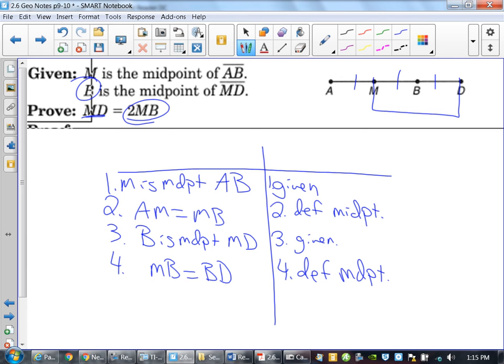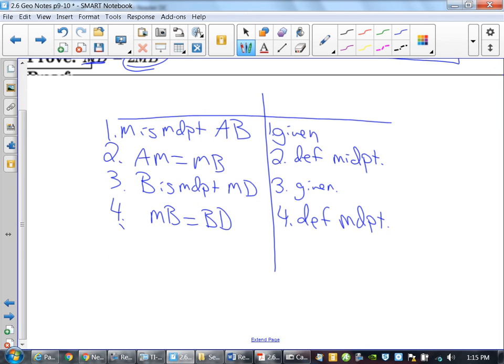MD is made up of MB plus BD. Why can I say one segment is made up of two smaller segments? Segment addition again, very good.